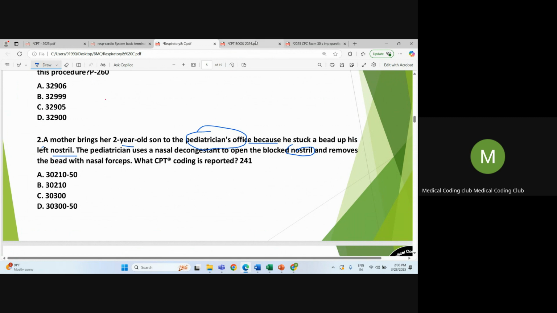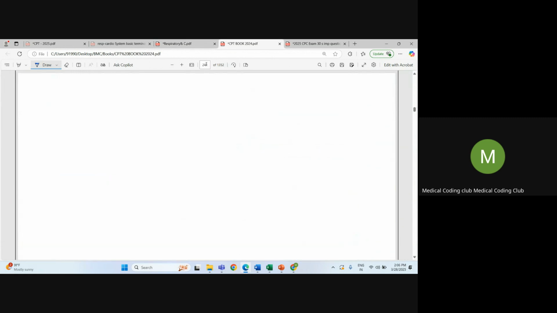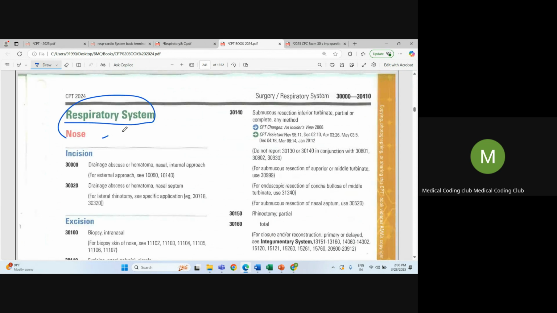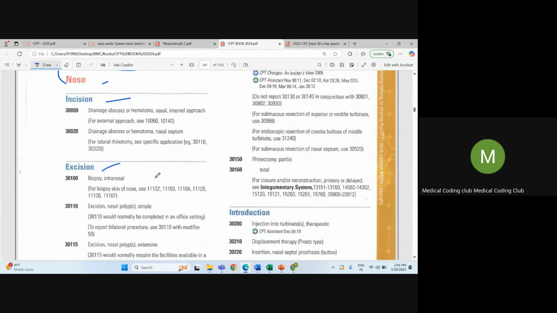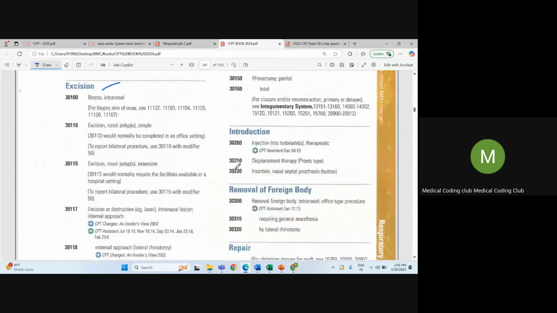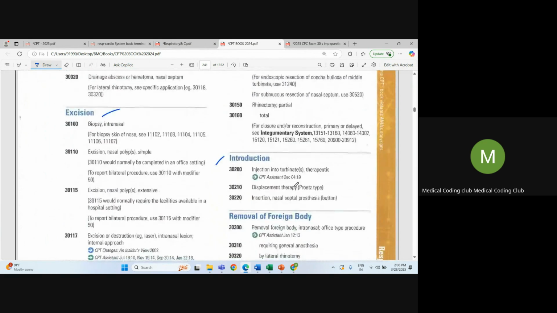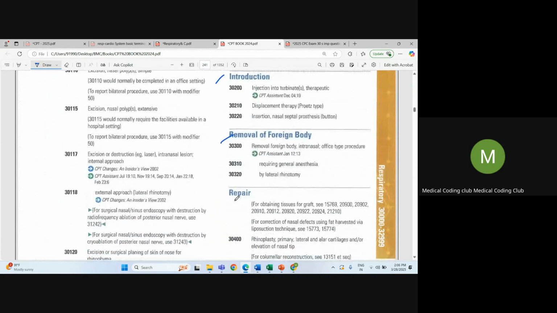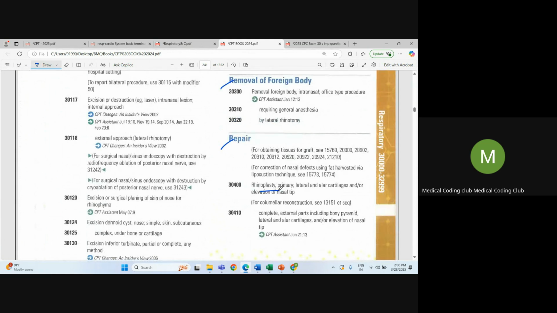Then coming to introduction, removal of foreign body, and repair. Repair includes rhinoplasty, primary, which includes a few parts, but when it says complete rhinoplasty, it includes all the external parts as well, a bony pyramid and lateral and alar cartilages.